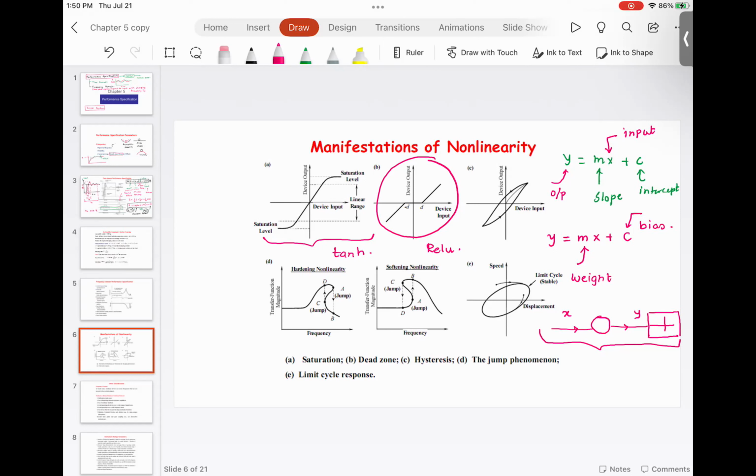That is the crux of neural networks. Neural networks utilize the nonlinearity and the linear equation to create a universal approximating function. Everyone understood this? That is what a neural network is all about.